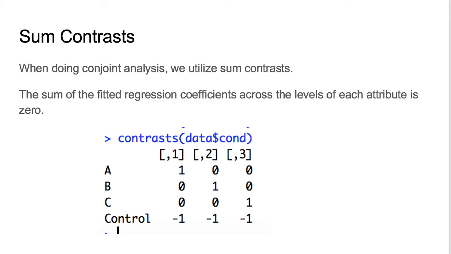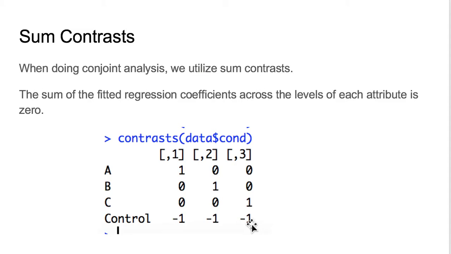To set up this kind of analysis, firstly, we will use some contrasts. Generally speaking, when doing conjoint analysis, we utilize sum contrasts. The sum of the fitted regression coefficients across the levels of each attribute is 0. So here is the example.